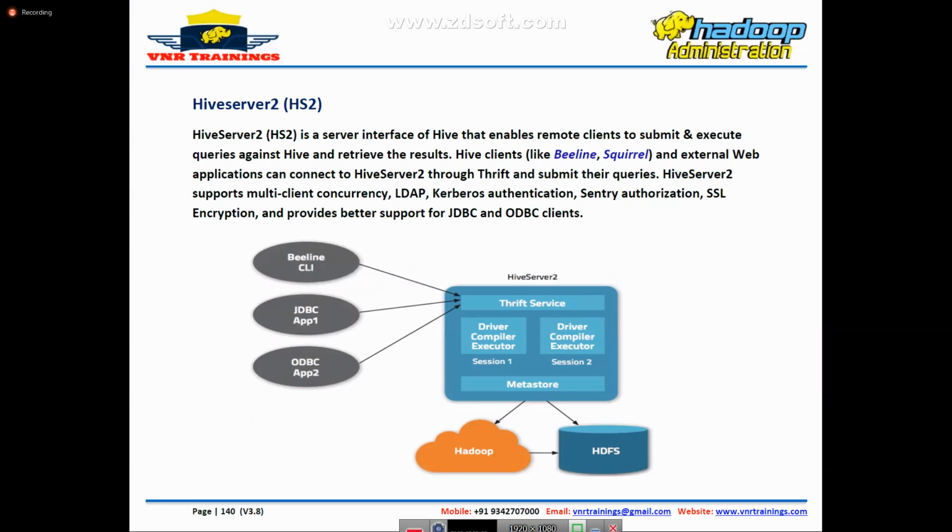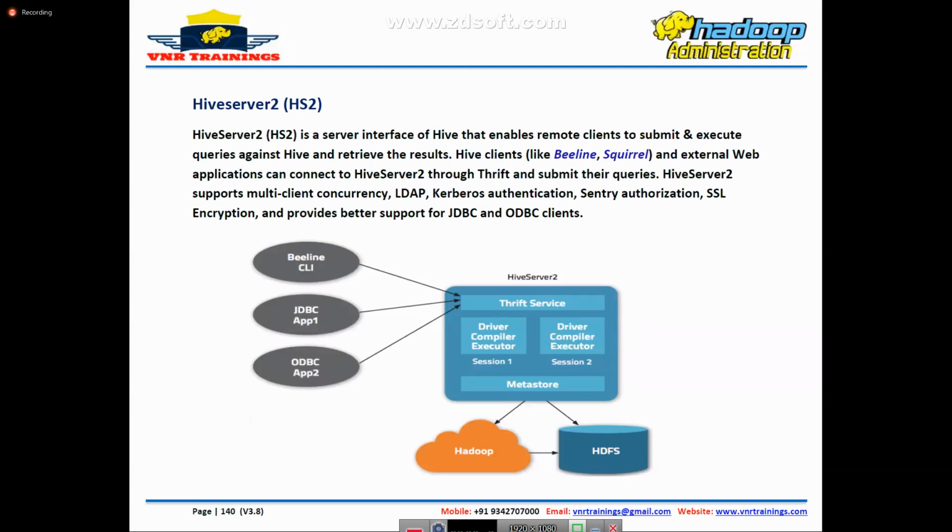External people who don't have access to the Hadoop cluster, normally customers and management people, will not have direct access to the Hadoop cluster. If anybody wants to access the data stored in the Hadoop cluster through Hive, they can connect to Hive server 2 and retrieve the data.